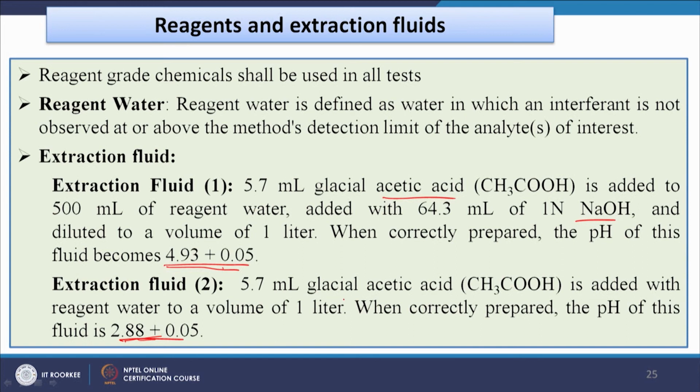So, 5.7 ml glacial acetic acid is added to reagent water to a volume of 1 liter, and when correctly prepared the pH of this fluid is 2.88 plus or minus 0.05. In the other case, 5.7 ml glacial acetic acid is added to 500 ml of reagent water with 64.3 ml of 1N NaOH and diluted to a volume of 1 liter. When correctly prepared, the pH of this fluid becomes 4.93 plus or minus 0.05. All reagents used will be of analytical grade.